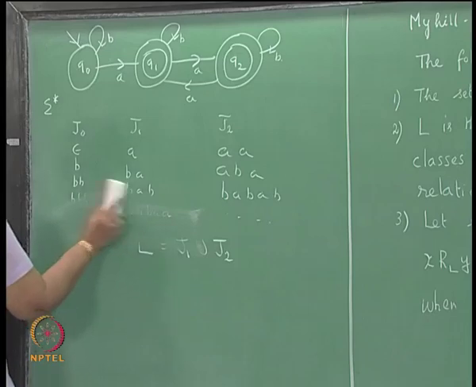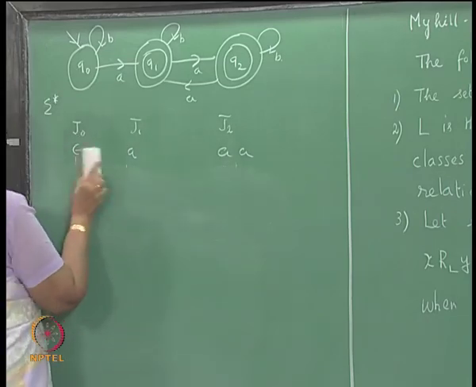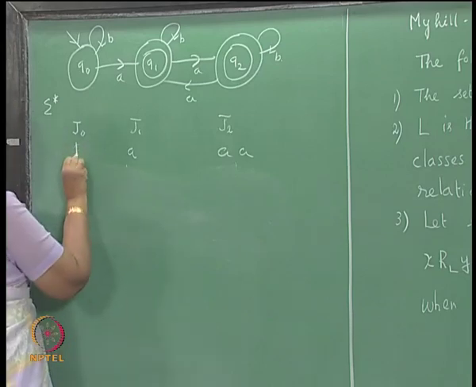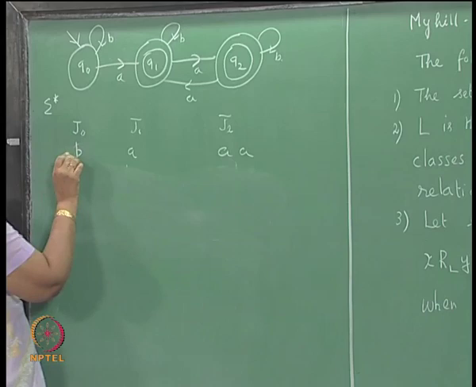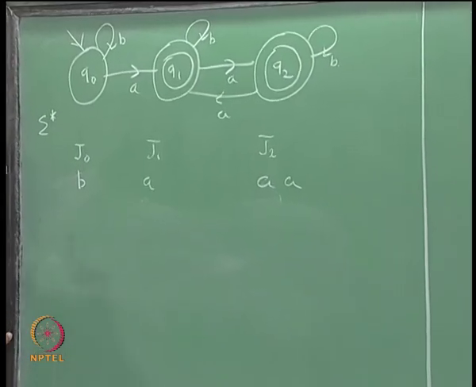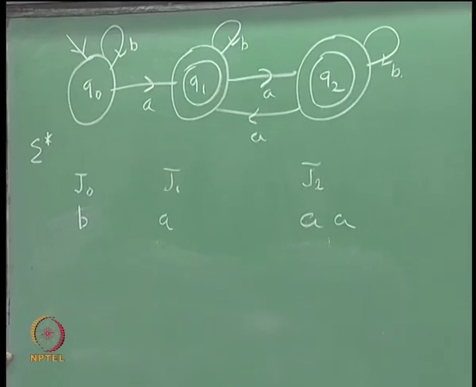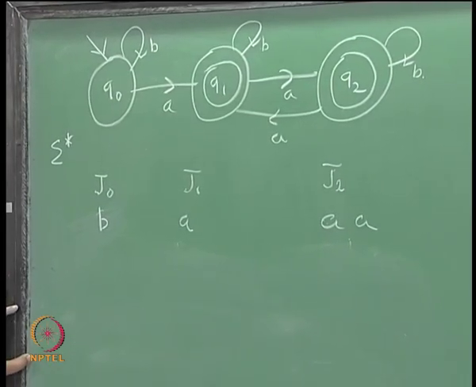So, I will just write like this. Just take as a sample only one string. Now, how are they related by RL? RL, how do you define?